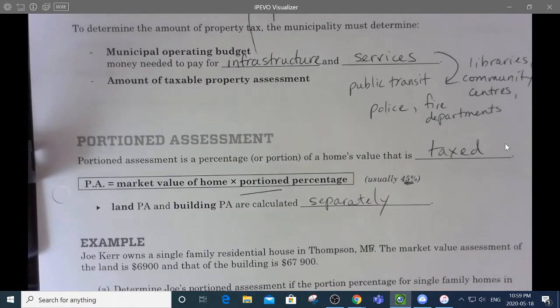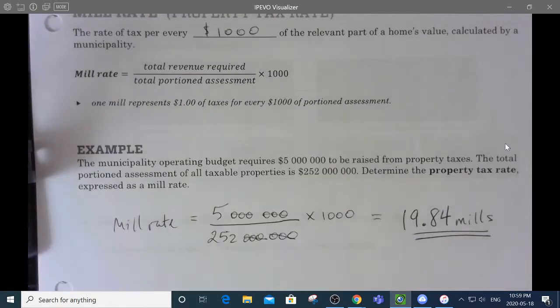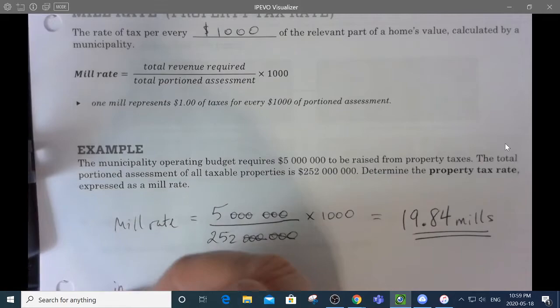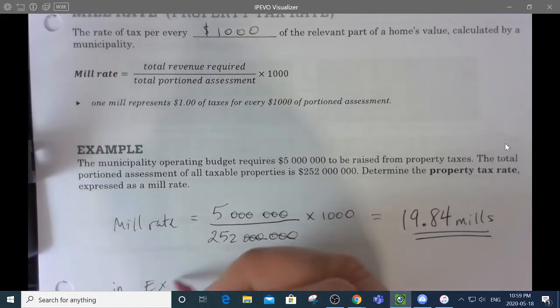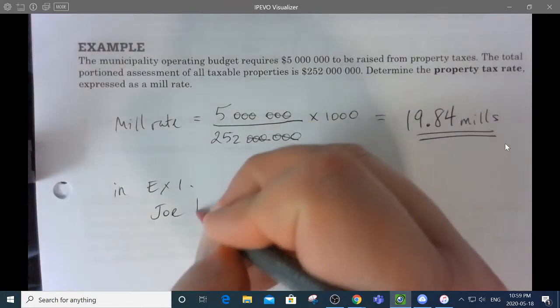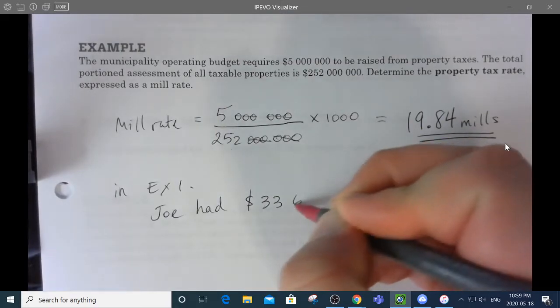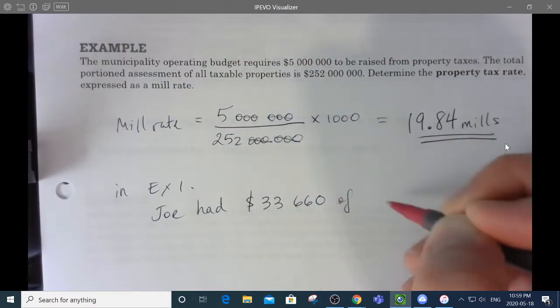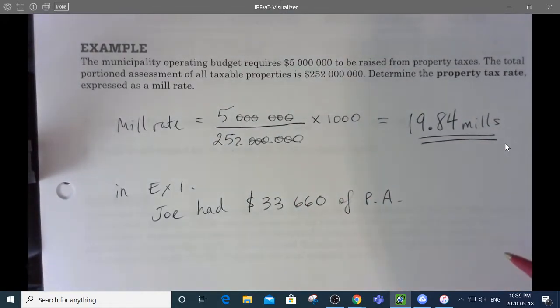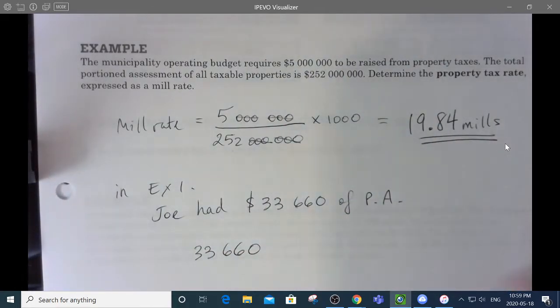So suppose you were Joe from the last example. In example 1, Joe had $33,660 of portioned assessment. So $33,660 is how many thousands of dollars?